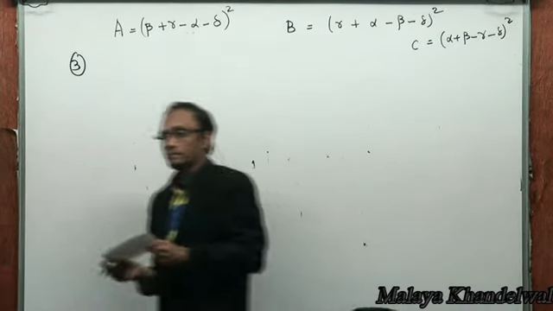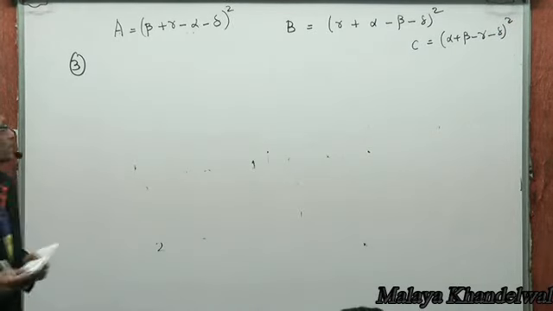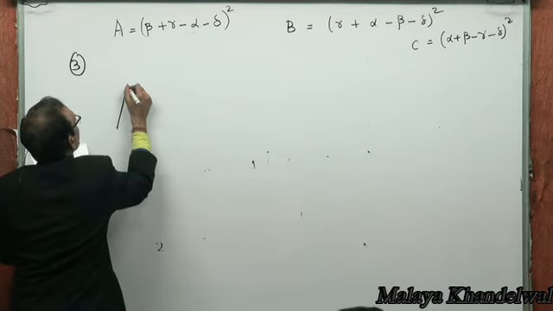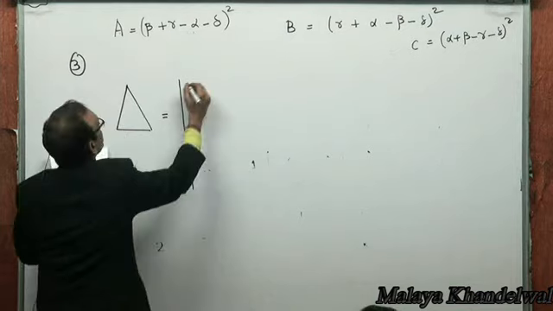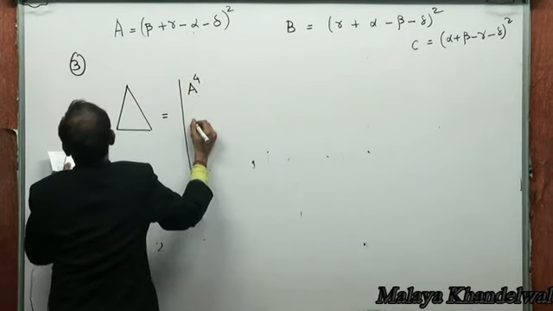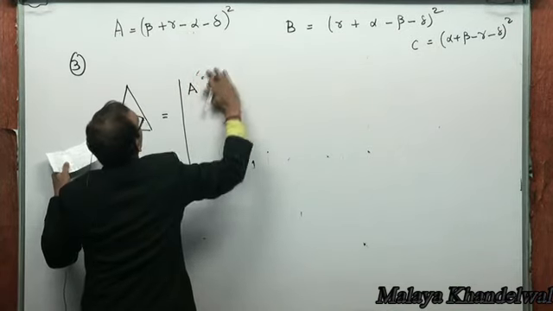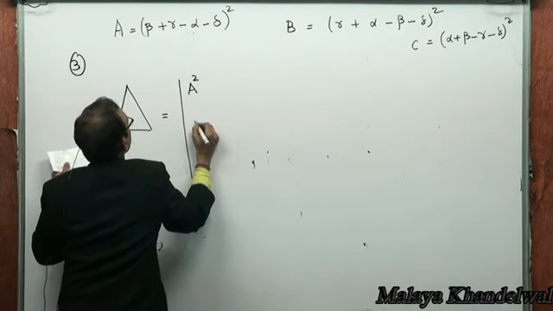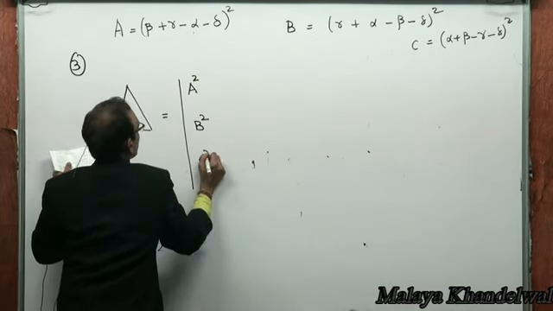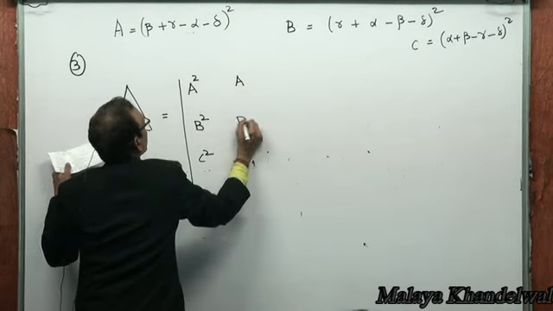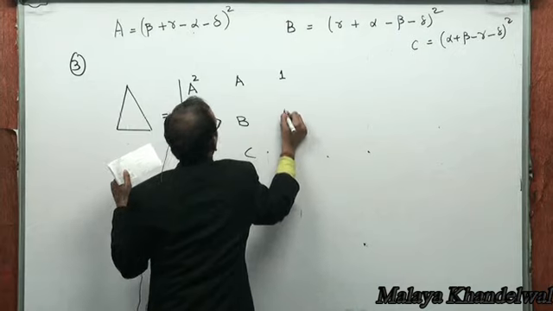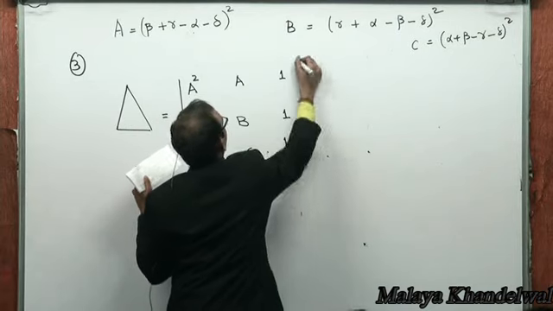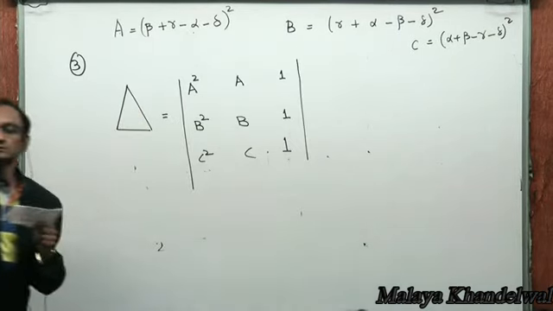Then the required determinant evidently has the form A squared, B squared, C squared, A, B, C. Yes or no?